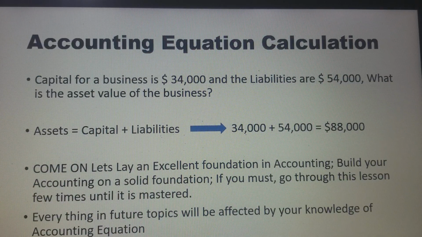Just before I close, let me say that it is important for you to be able to identify. You see an item and you know that's an asset. You see another item, you know it's a liability. It should be that easy. And the only way you can do that is ensuring that you master the concept relating to the accounting equation. What is an asset? What is a liability?